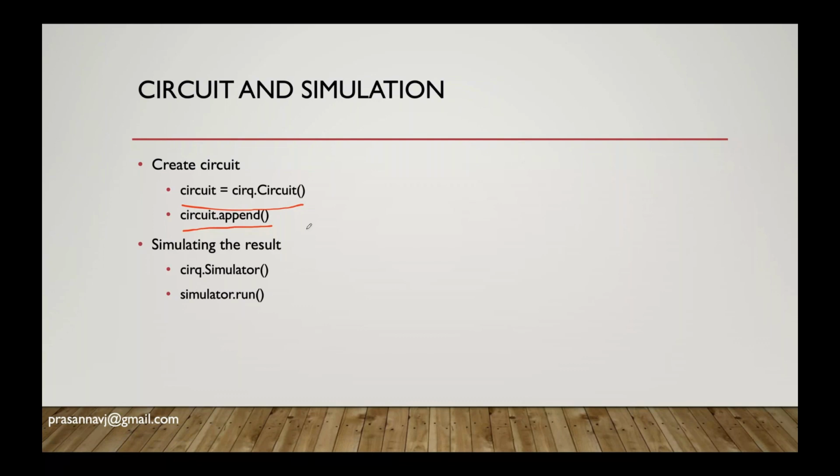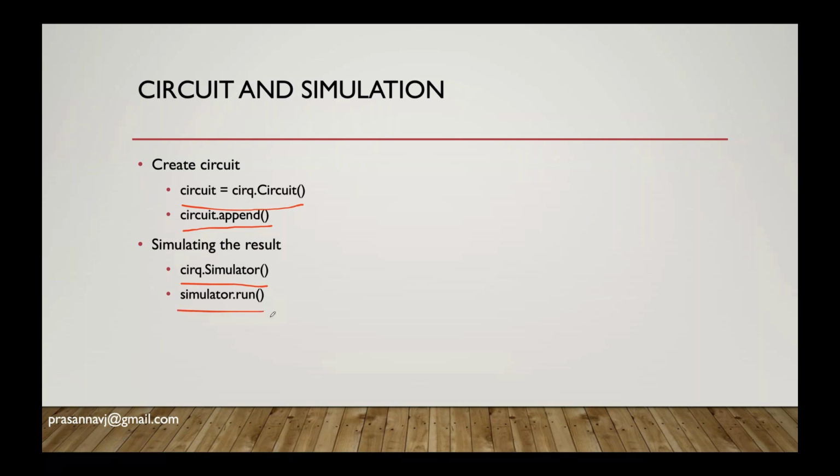To run your circuit, there is a default simulator provided as part of Cirq, and we can utilize that simulator to run and see how the response is going to come. The simulator.run is going to provide the actual response for you.